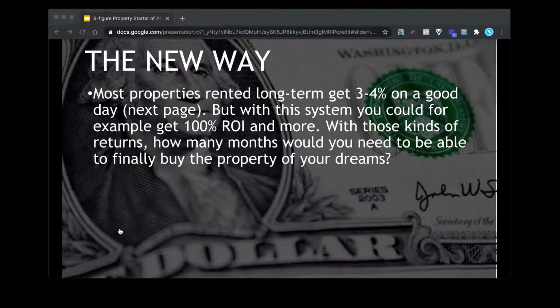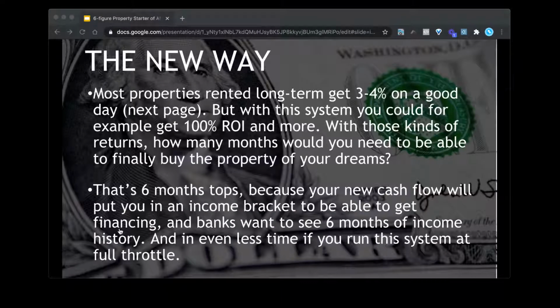But the new way that we're talking about is that, as we talked about, they get you just about 3.4%. To get the kind of return that you like in 6 months would be impossible. But with this system, you could, for example, get 1,000% ROI and more.